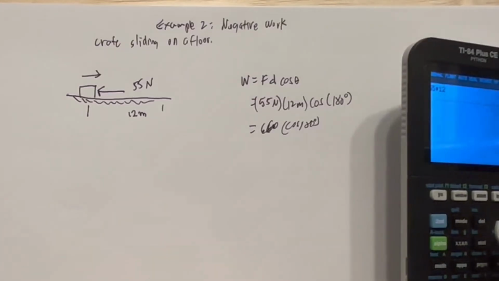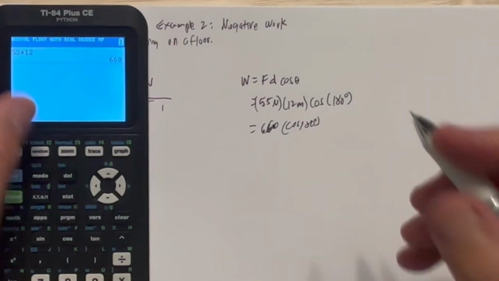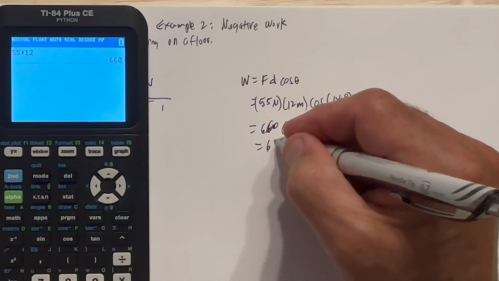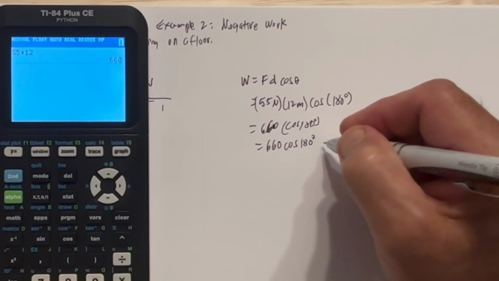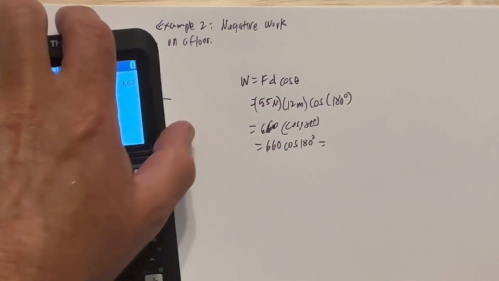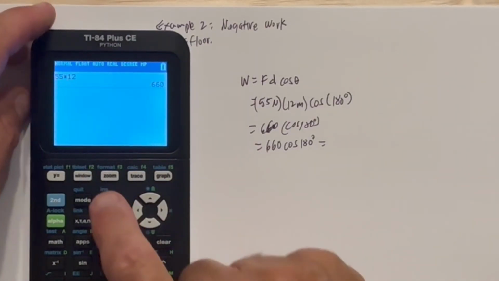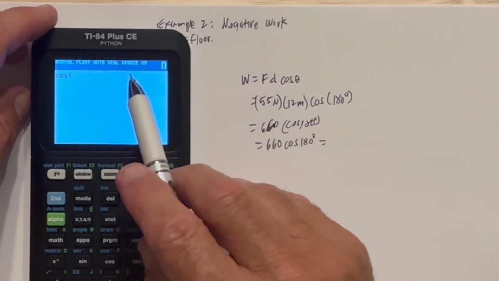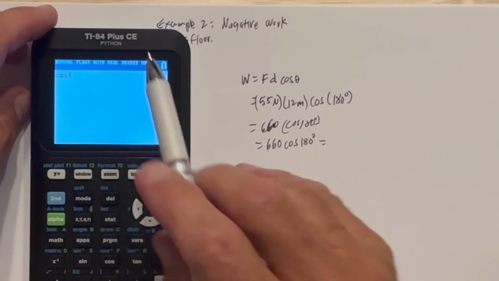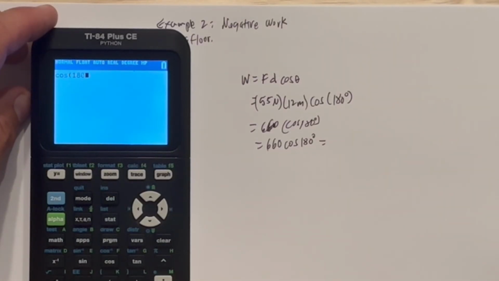So we write 660 times the cosine of 180 degrees. Let's do the cosine of 180 degrees. We are in degree mode, we check that right there, so 180, enter, and that's -1.